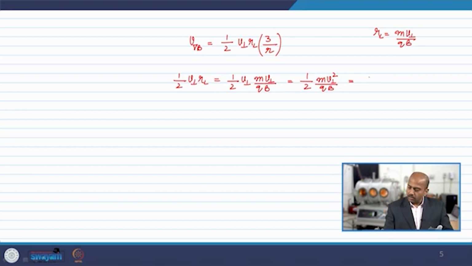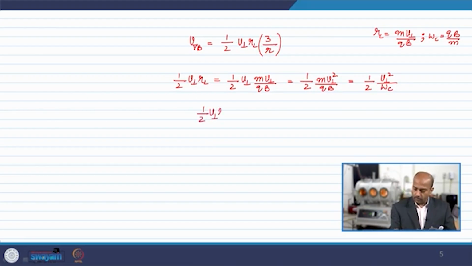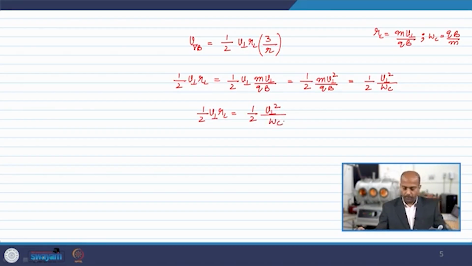So that means we can write half V perpendicular square, and omega c is QB by m. So this m by QB can be written as 1 by omega c, right. So half V perpendicular RL is half V perpendicular square by omega c.